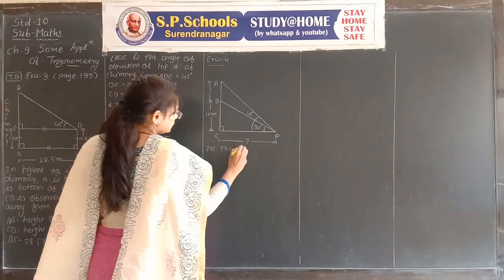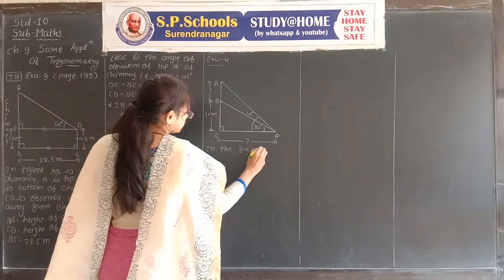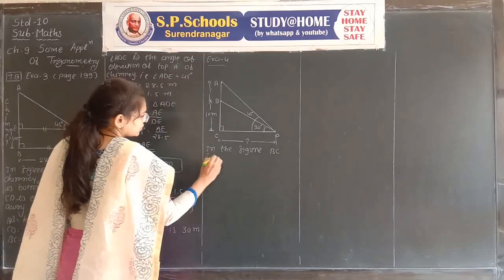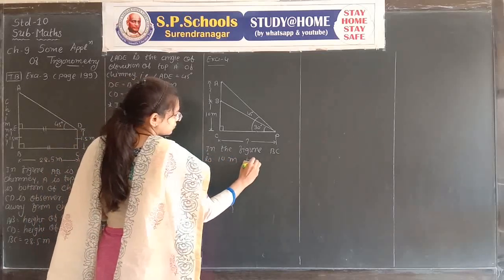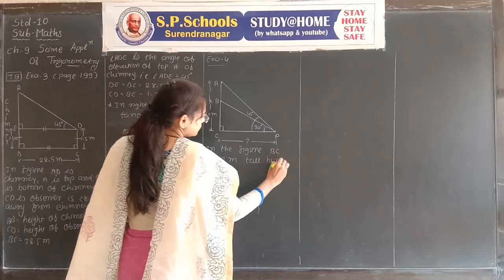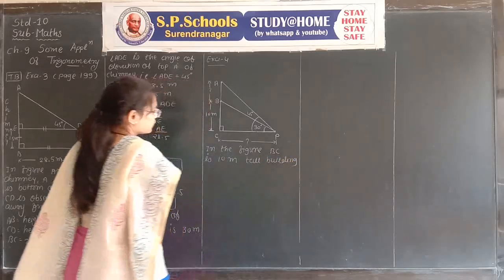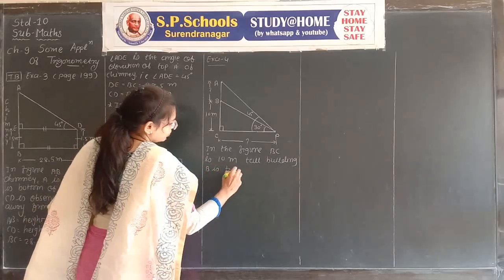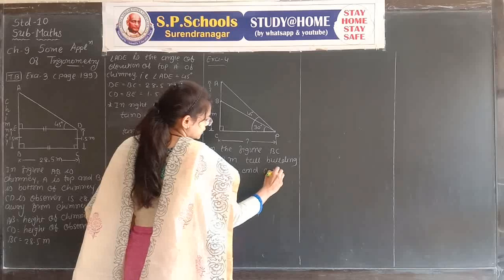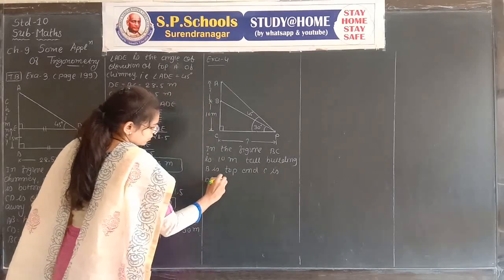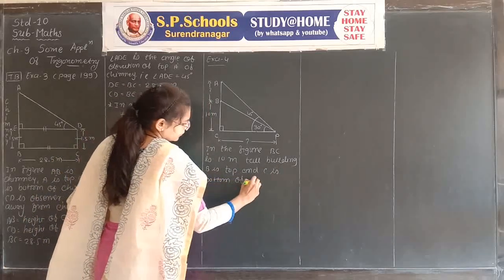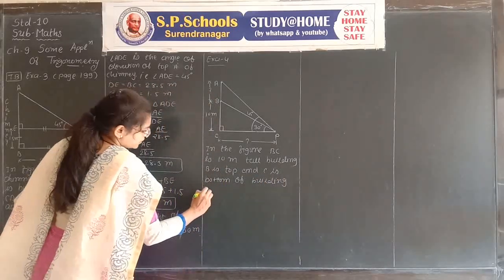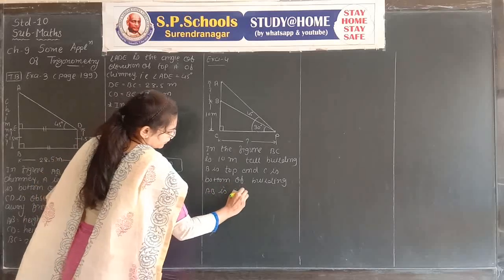In the figure, BC is a 10-meter tall building. B is the top and C is the bottom of the building. AB is the flagstaff.